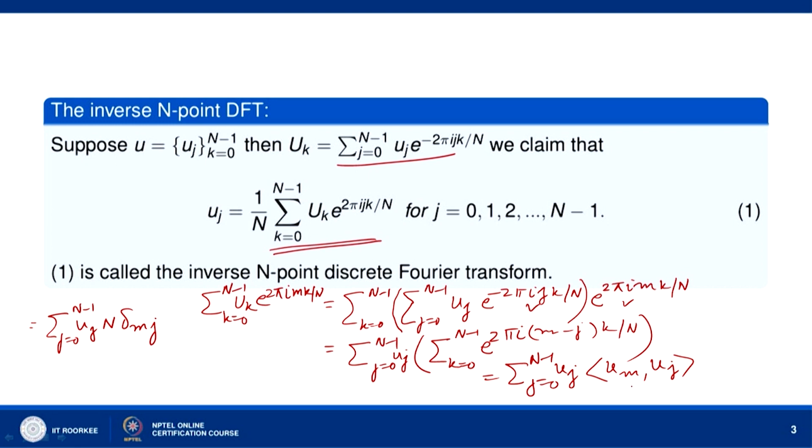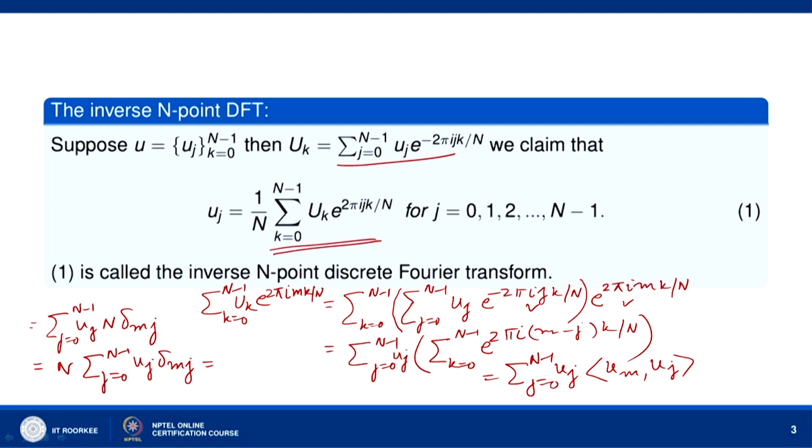Because inner product of u m with u j is n times delta m j. So, this is equal to n times sigma j equal to 0 to n minus 1 u j delta m j, and delta m j is the Kronecker delta.